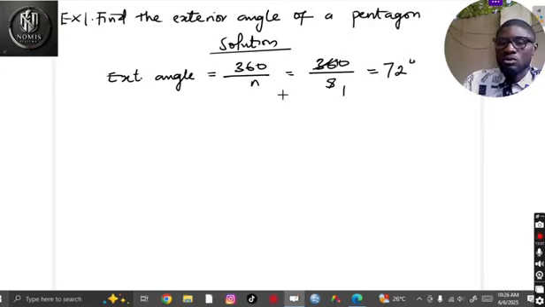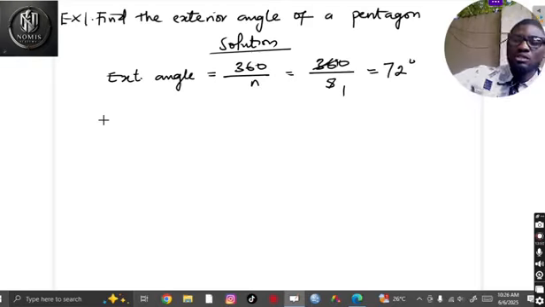So 72 degrees. The exterior angle of a pentagon is 72 degrees.